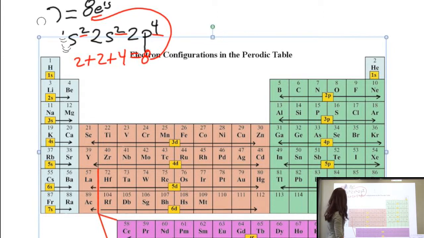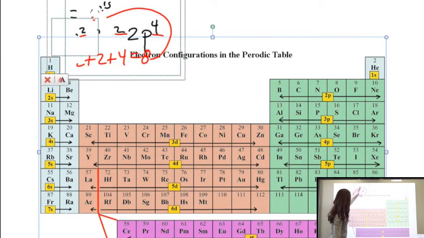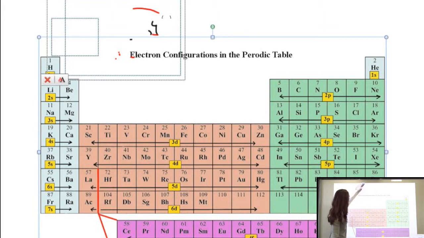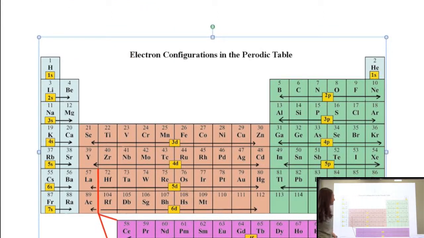But real quick, we're also going to look at one of those exceptions to the rules, or one of the little tricks that you might want to remember, or it's an odd case.